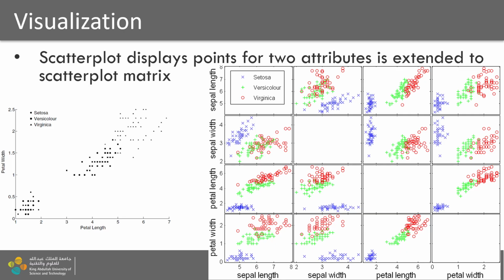And the scatter plot is offering us an option in case we have a lot of visual space, visual estate, a lot of pixels to show. We can use a so-called scatter plot matrix, which is showing us the various properties in a clear relationship. Like, for example, the sepal length is compared here with itself.